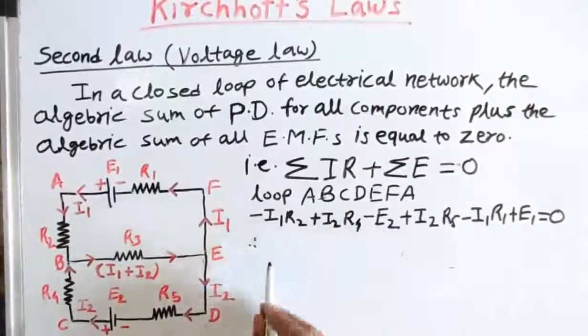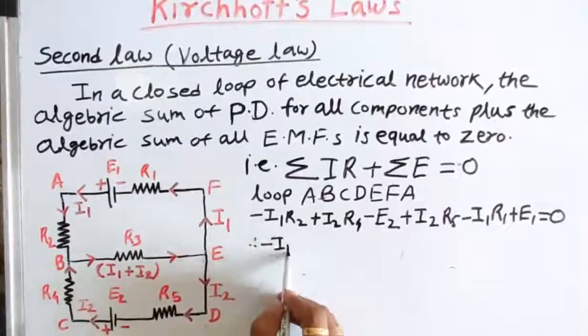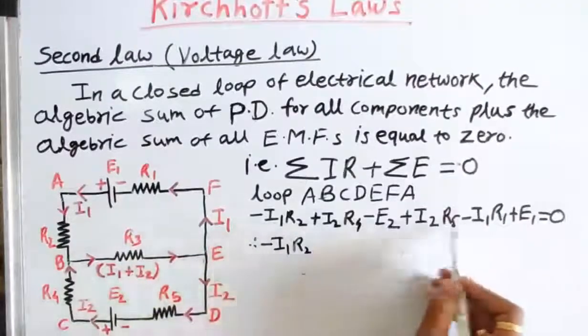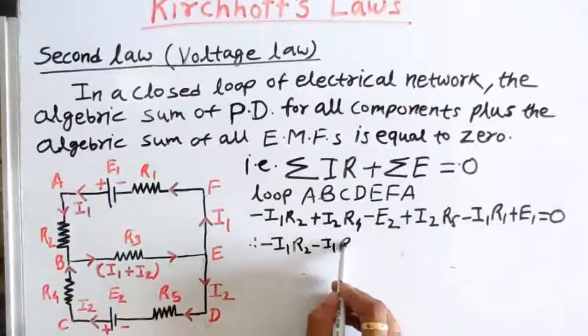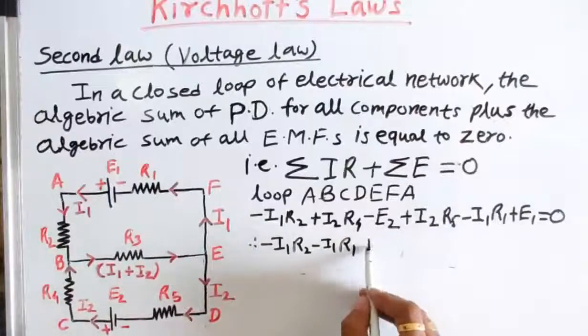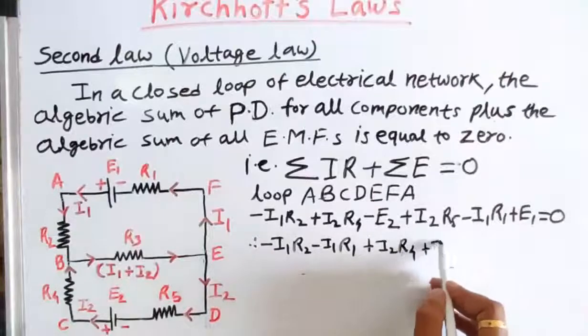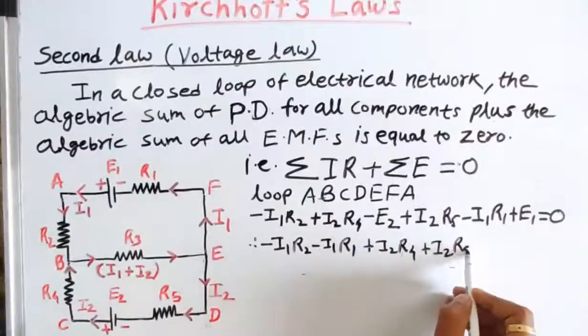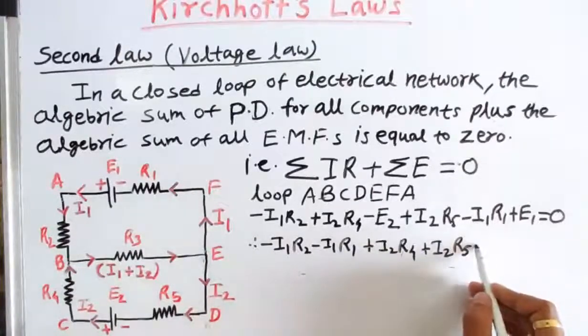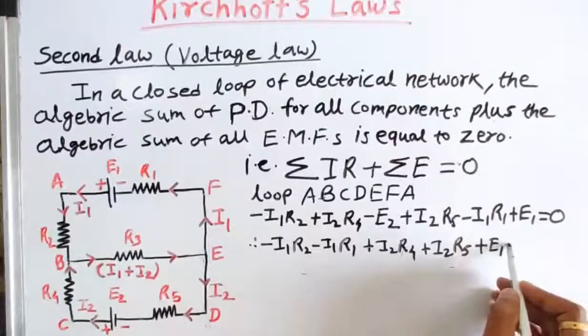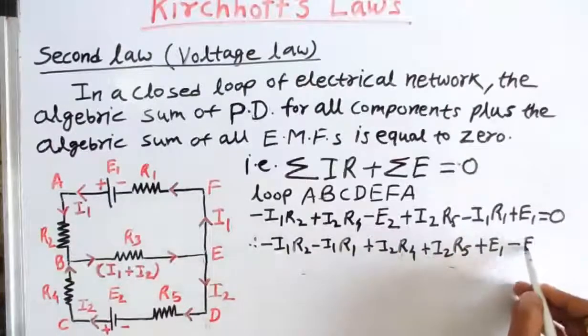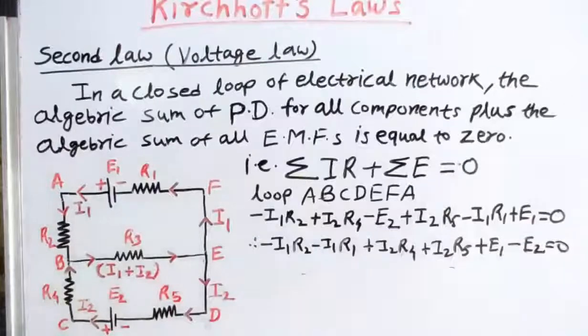Therefore, by rearranging these terms, we get minus I1 R2 minus I1 R1 plus I2 R4 plus I2 R5 plus E1 minus E2 is equal to 0.